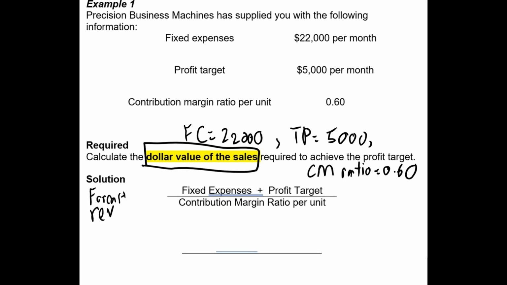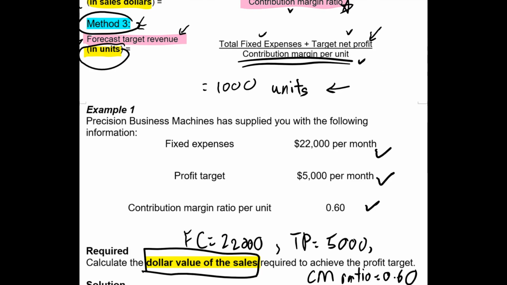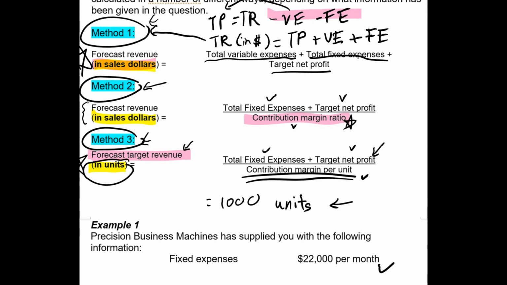So they ask you to calculate your forecast revenue in dollars. If you look at the formulas just now, you have contribution margin ratio, you have target profit, you have fixed expenses. Of these three formulas, the only one you can use is method number 2.